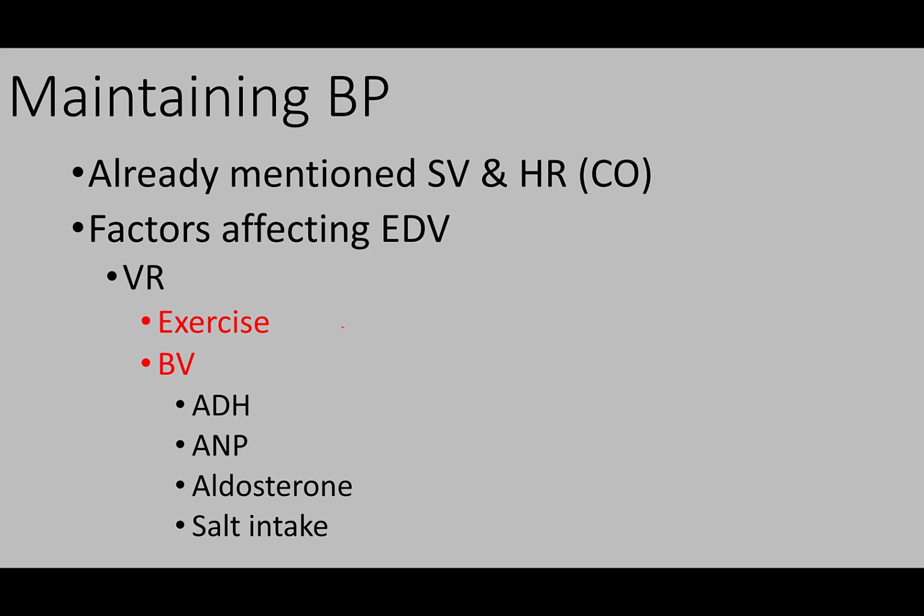So if there is an increase in blood volume, that causes an increase in venous return. And as we just saw, increased venous return increases EDV, which increases stroke volume, which increases cardiac output, which increases blood pressure.